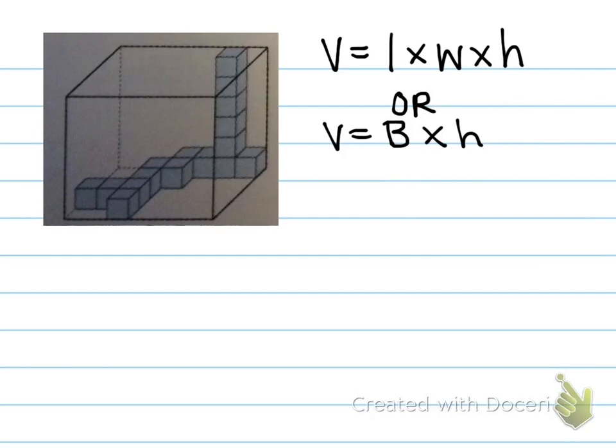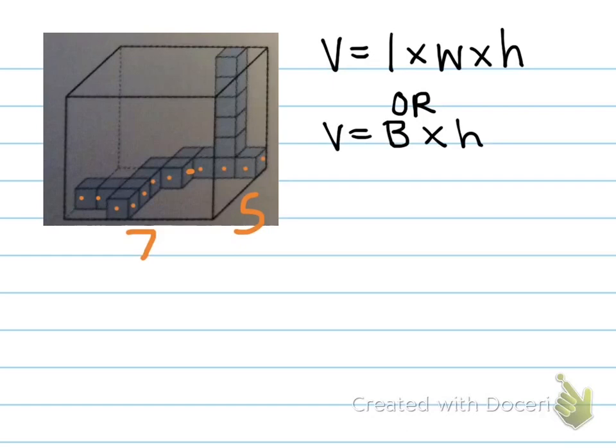In example 2, we aren't given any numbers, but I might be able to figure out each side by counting the cubes. Count with me. The length would be 1, 2, 3, 4, 5, 6, 7. 7 cubes. The width would be 1, 2, 3, 4, 5.